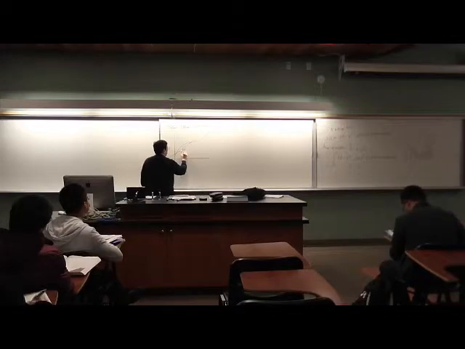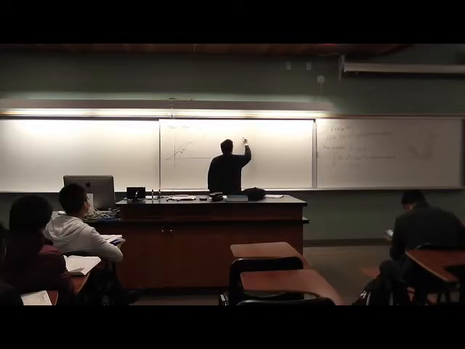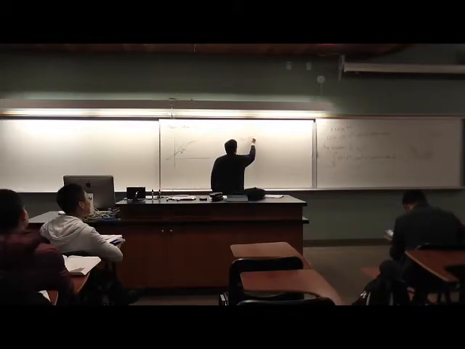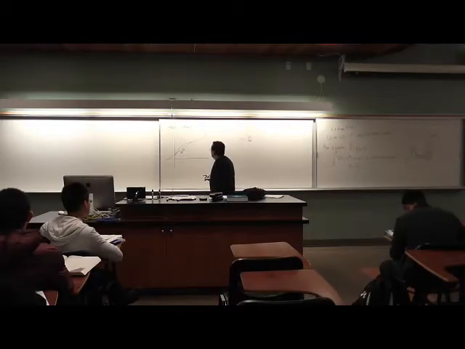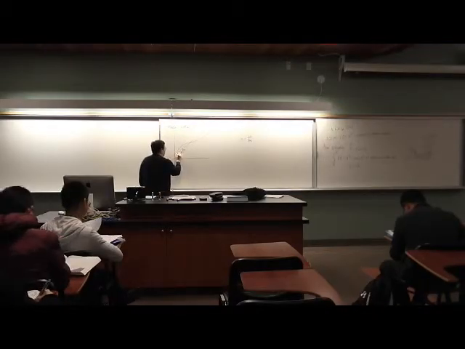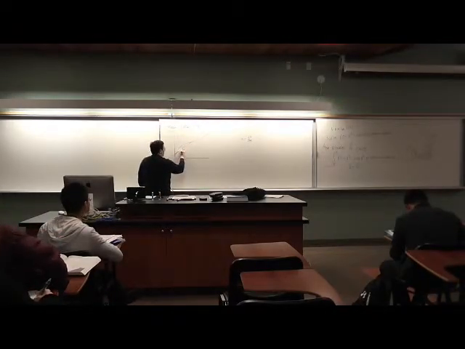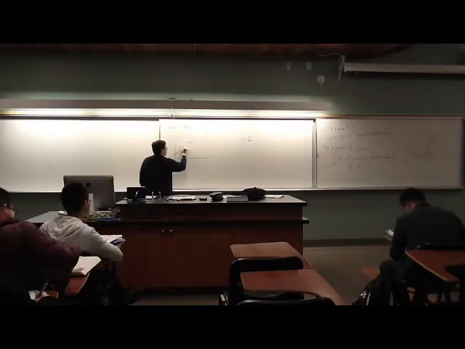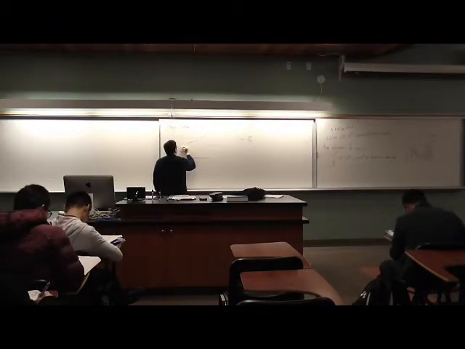Delta y over delta x. The mean value theorem tells us that between those points, somewhere on this function, there is a point where the tangent has the same slope.